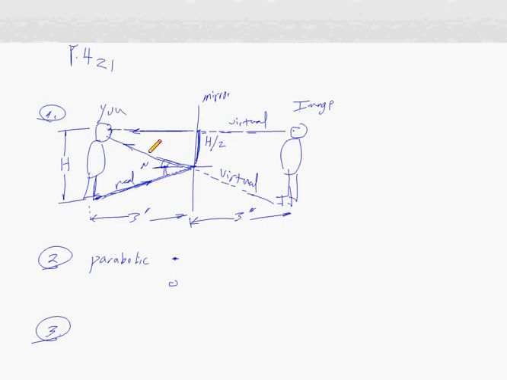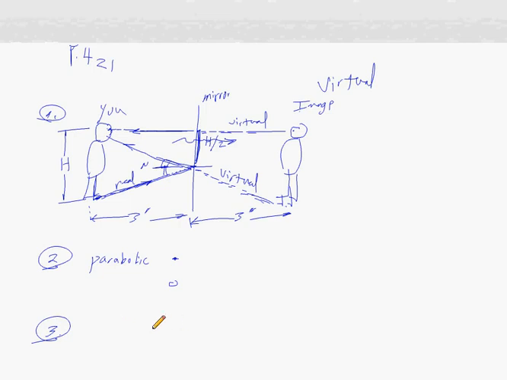It reflects and comes to your eye, but your eye perceives it behind the mirror as a virtual ray, as over here. So the image here is a virtual image. Notice that you cannot come and touch the image. If you were to touch the image, you'd have to break through the mirror to get to the image. That's a virtual image.